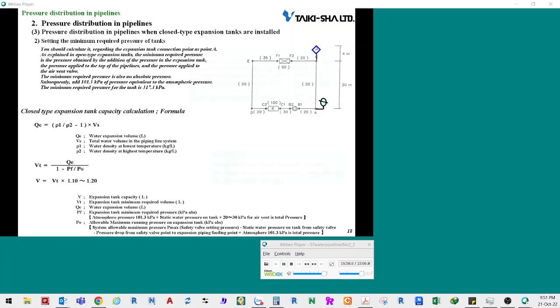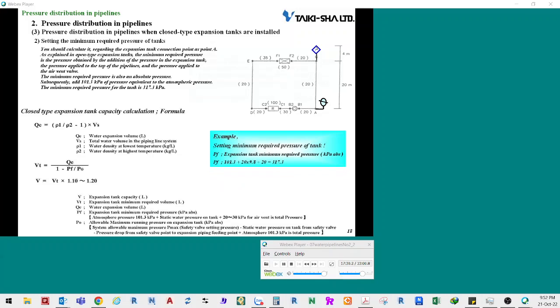Setting the minimum required pressure of tanks. Here, let's set the minimum required pressure of tanks. You should calculate it regarding the expansion tank connection point as point A. As explained in open-type expansion tanks, the minimum required pressure is the pressure obtained by the addition of the pressure in the expansion tank, the pressure applied to the top of the pipelines, and the pressure applied to the air vent valve.